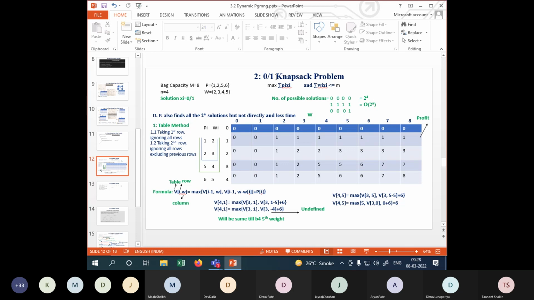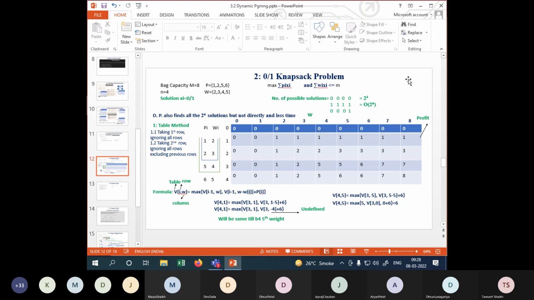So we have already seen the knapsack problem, but that was a fractional one. If we had to steal sugar or rice, we had the option that we could have taken half of that. When we come to 0-1 knapsack, there are two choices: we have to take this item or we don't have to take it.